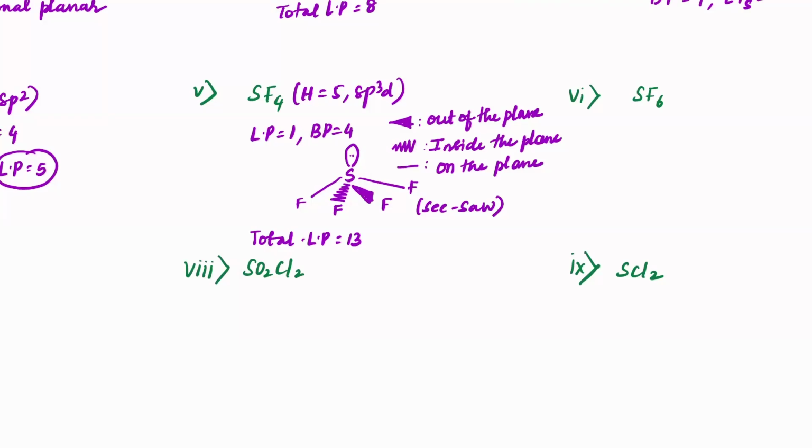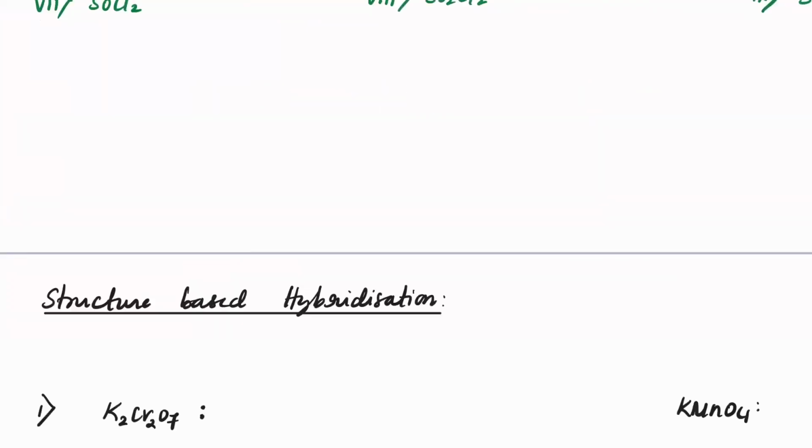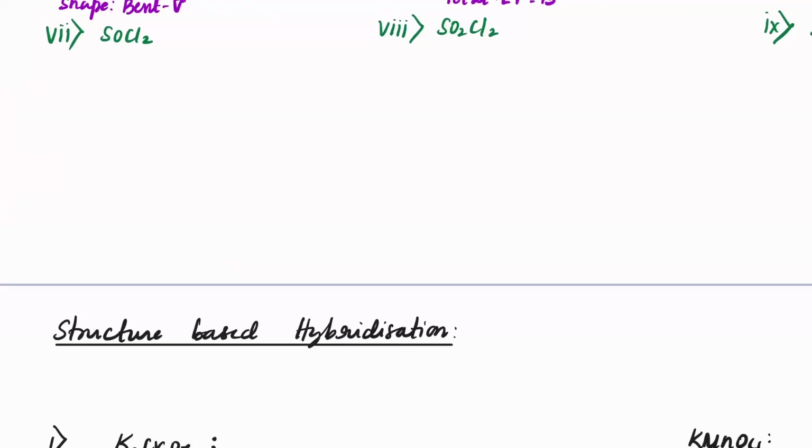Yes, Kapil, doubt? Yeah, I got it. Can you explain why two of the fluorines are out of the plane and inside the plane? See, the geometry we were expecting was this, beta. It is supposed to be trigonal bipyramidal. Correct?